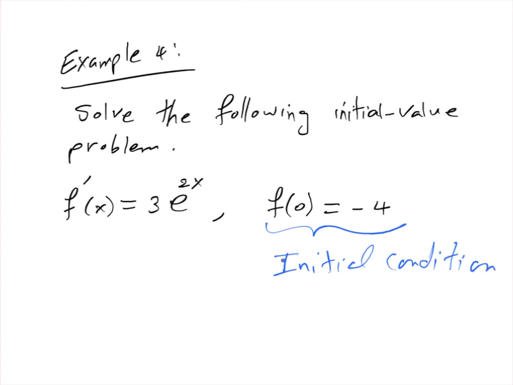For example, if this function represents velocity and x is time, then this will tell you the position at time 0 is at -4 on the number line of some object that moves on the number line.